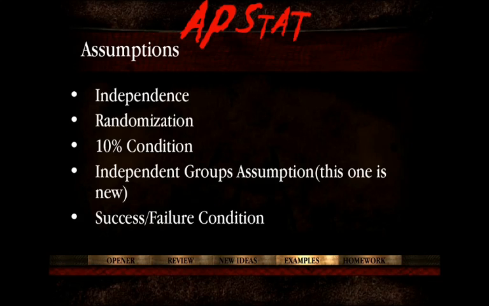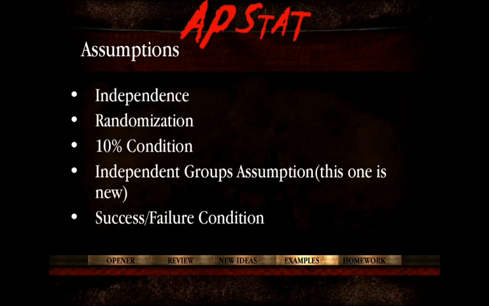For the independent groups assumption, this is the new one. For example, when we were looking at the two groups before, you had the treatment group and the control group. I needed to know that not only was each individual person having a heart attack independent of one another, like if I had a heart attack, it's not going to make anything about you having a heart attack.